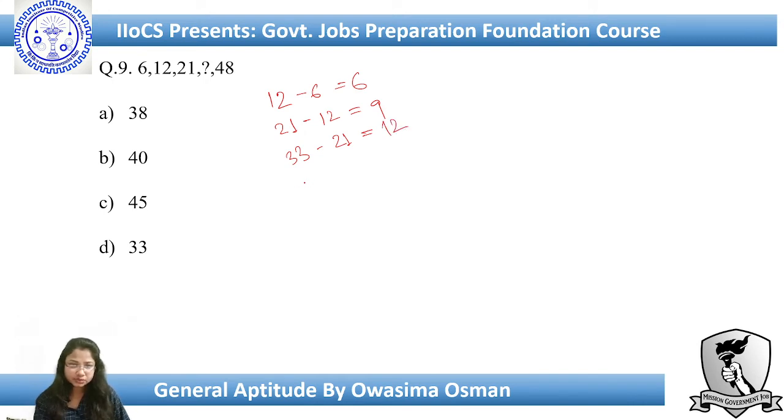Again 48 minus 33, we will get 15. So here we can see the series, that is 12, 21, 33, 48. So our first term was 6. We are just subtracting the previous term from the next term. Okay, and this will be the answer of the series. So our answer will be 33, option D.